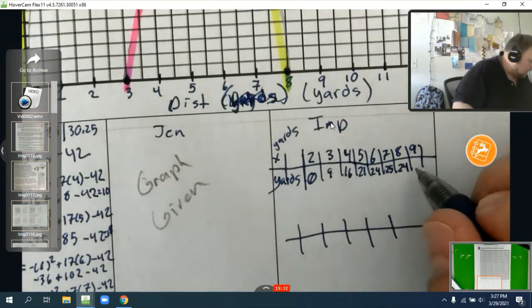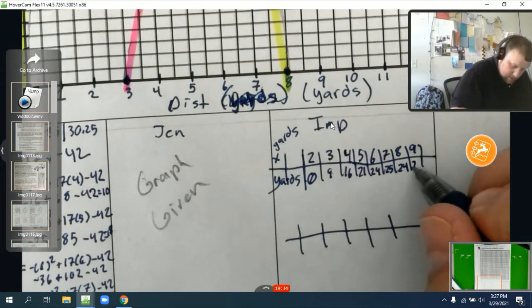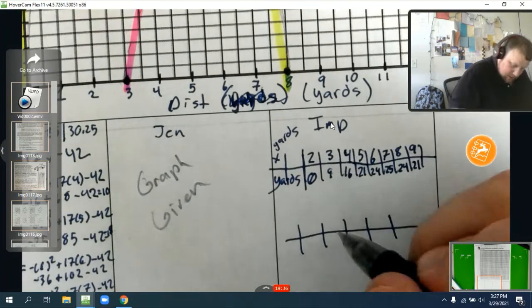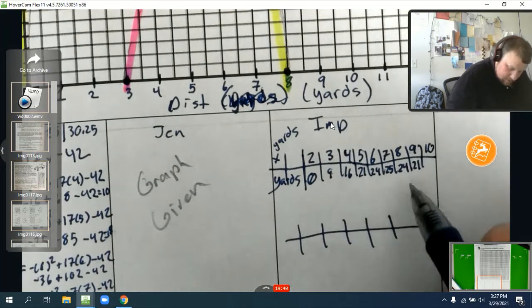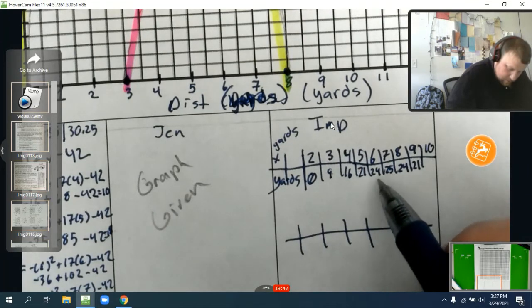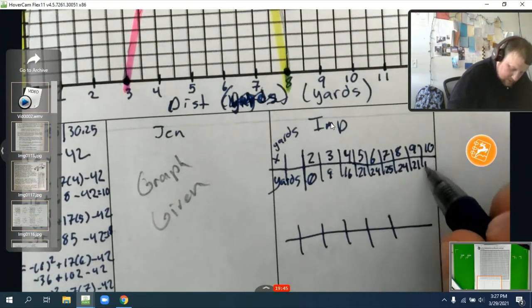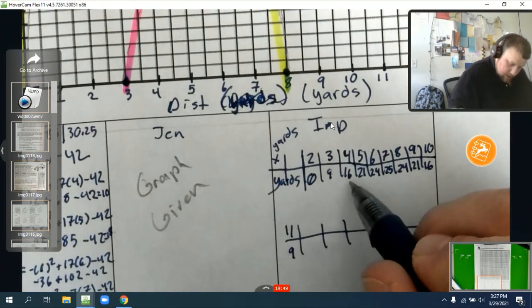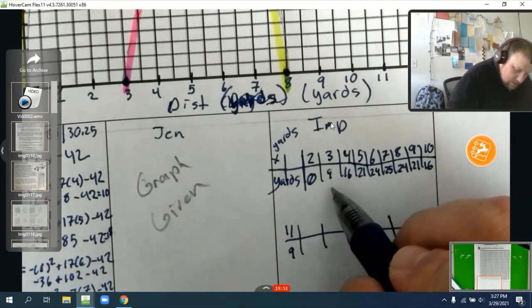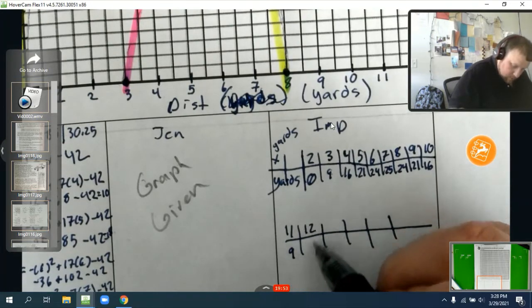And at 9, it is 21. So we do got to keep going, right? We're going to have 10. 10 will go back down. So if it went 25, 24, 21, 16, so 16. 11 will go down to 9, right? And then 12 will go down to 0.